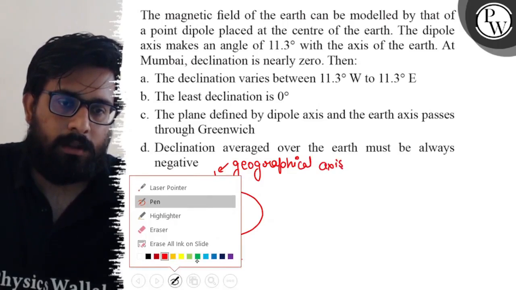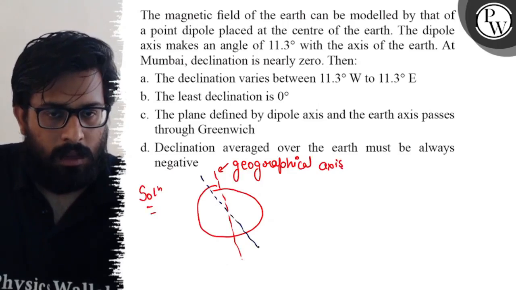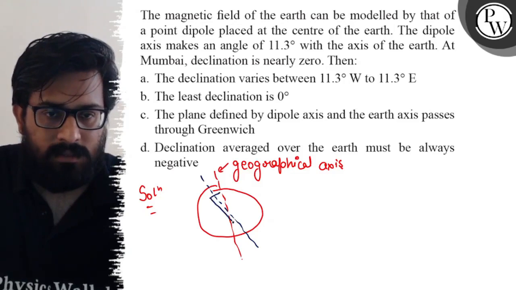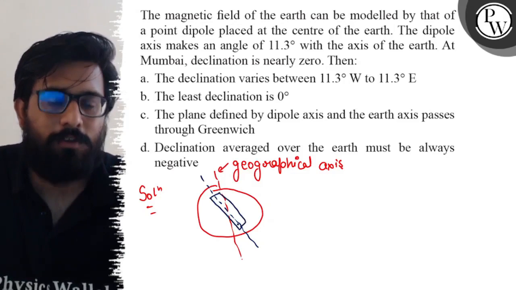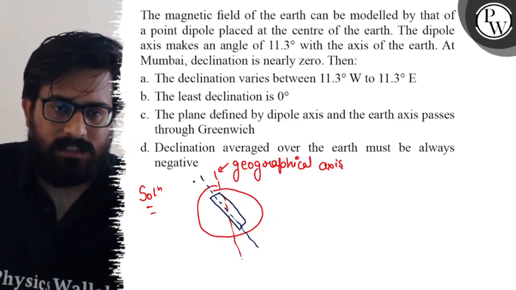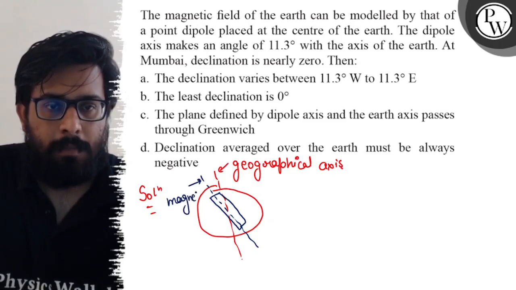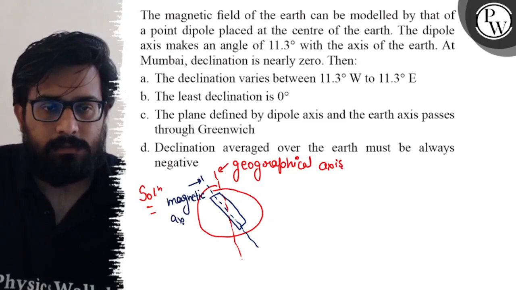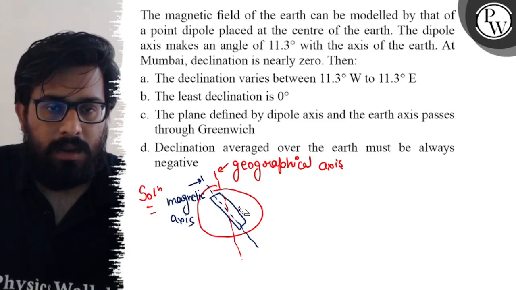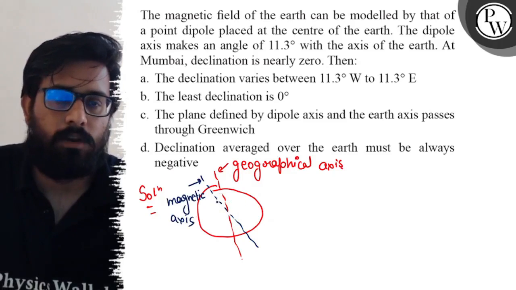Let me draw it with another color. We have this one, and we say that the magnet is placed along like this. So we have this magnetic axis, right? Let me erase the magnet and focus on the axis part only.